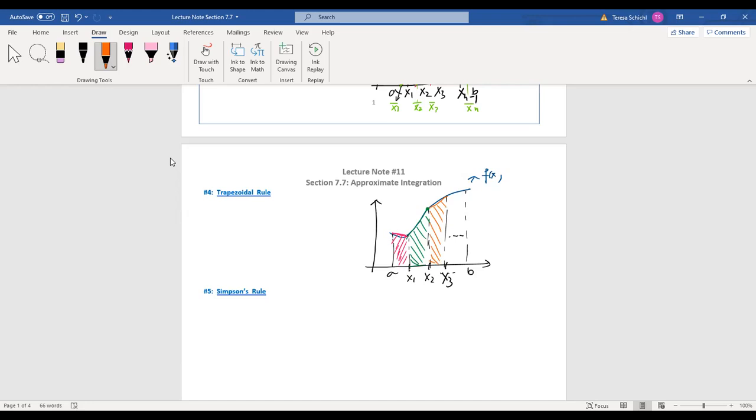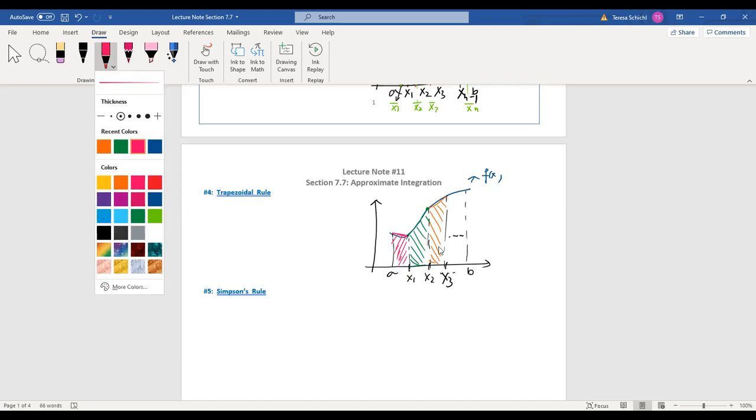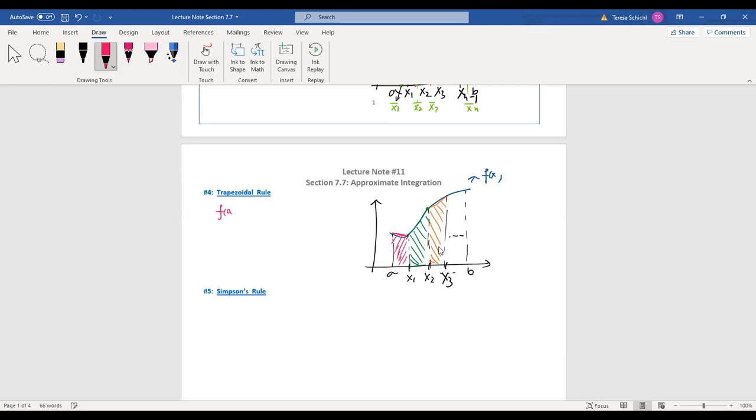Okay, so now let's see how we find the area. We know the area of the trapezoid is base 1 plus base 2, times the height, divided by 2, right? So for this red one, it will be f of a plus f of x1, where f of a is base 1.